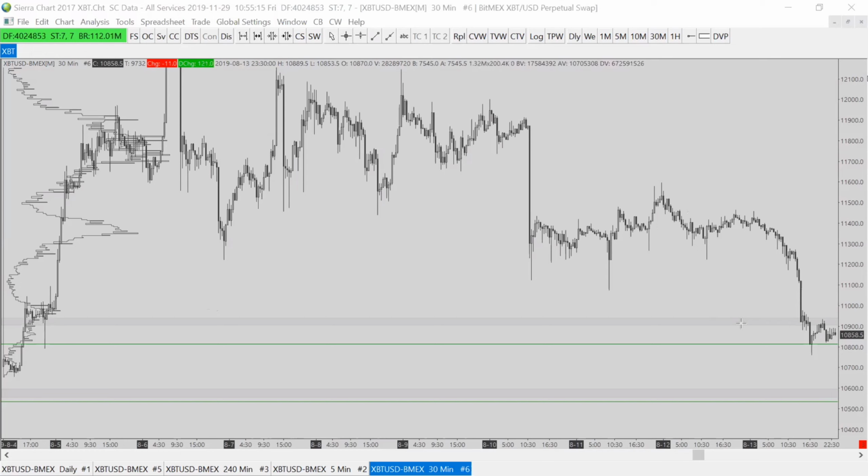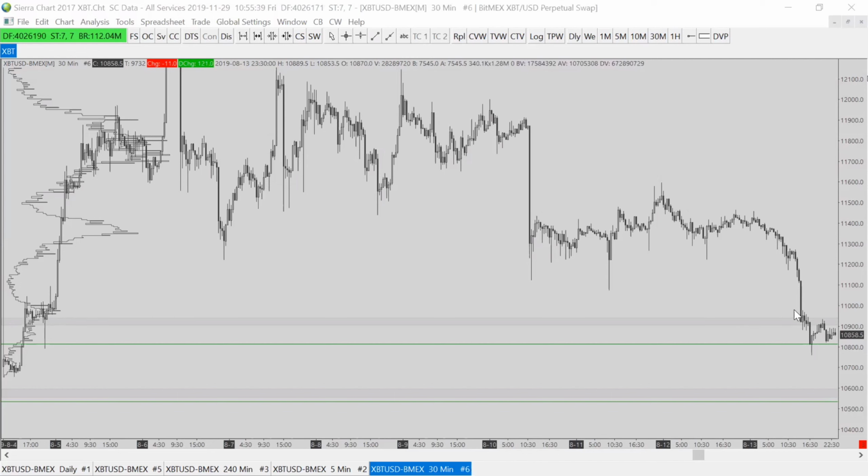Anyway, what you'll see is that generally what happens is price will stop or slow down and chop around at previous high volume nodes, areas of high volume, this red line here, as it consumes the remaining liquidity there, and then it will flip these low volume nodes.